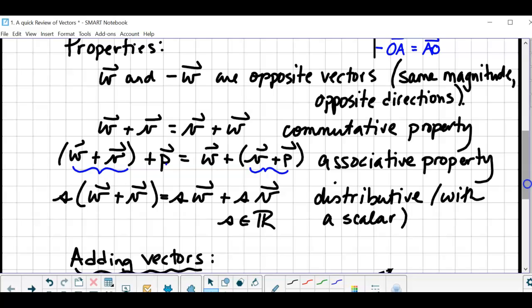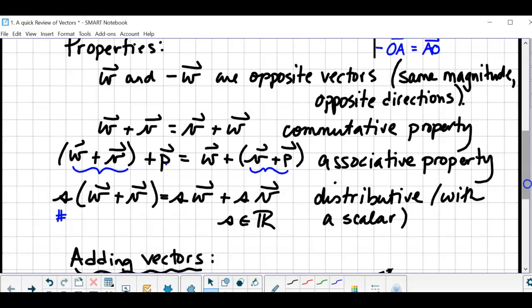If you're multiplying the sum of vectors by a scalar, okay, that means just a number, then you just distribute that number. So it's basically like stretching each vector by the same amount.